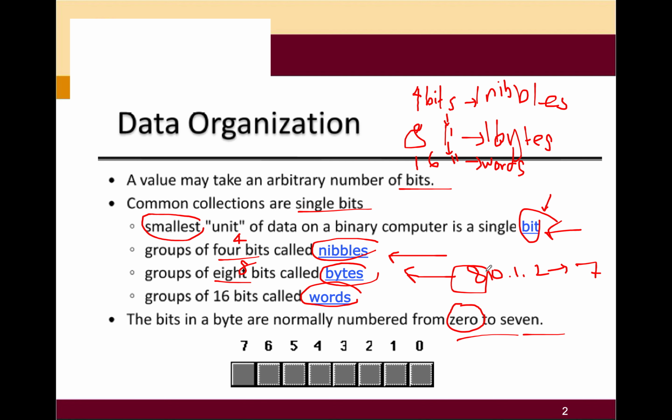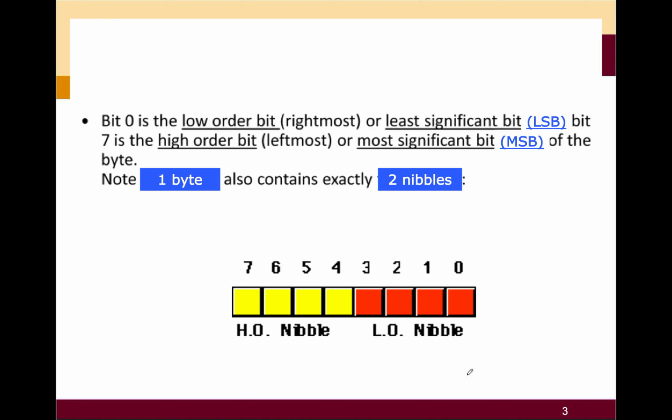Next, these are examples of how bytes look. You already learned the LSB, which is the least significant bit, and bit 0 is the low bit on your rightmost.